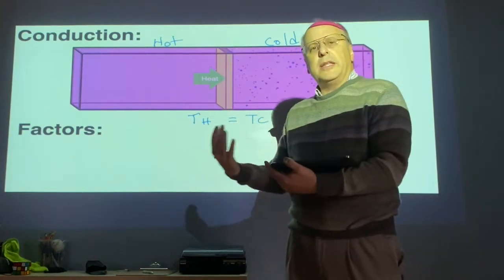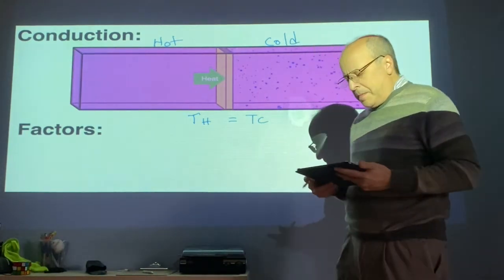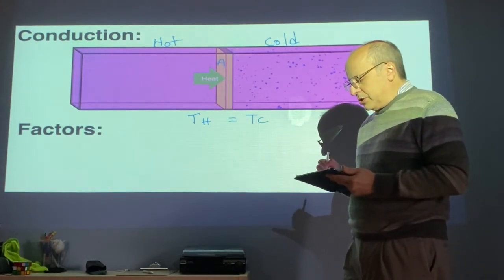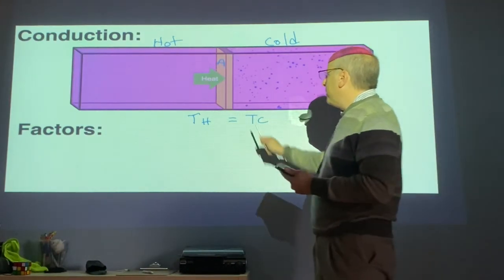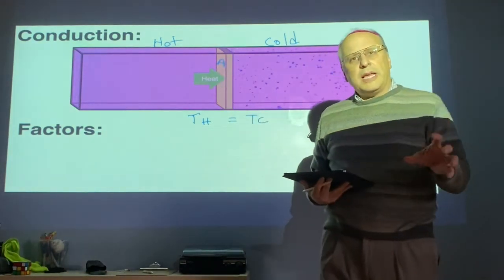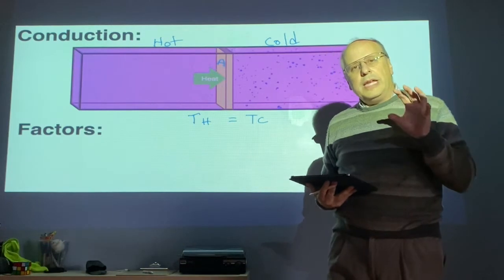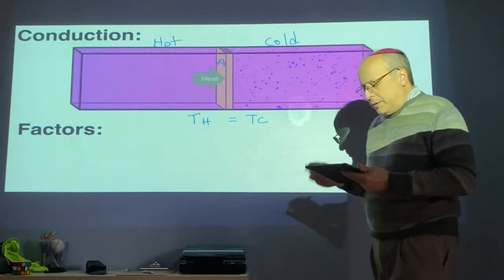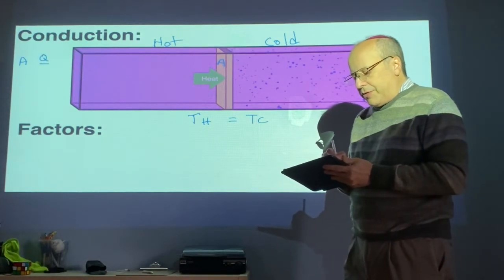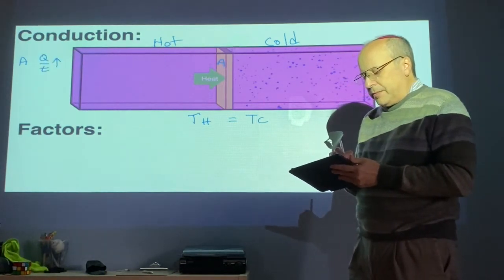But how quickly does the heat go through the material? It depends on 4 factors. It depends on the surface area available. Every piece of surface area, every square centimeter, is another spot for heat to move through the wall. So a bigger area means the heat will travel through more quickly.